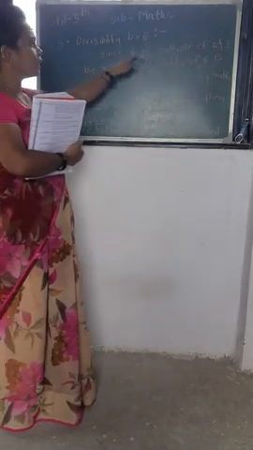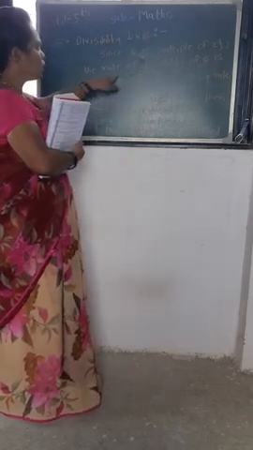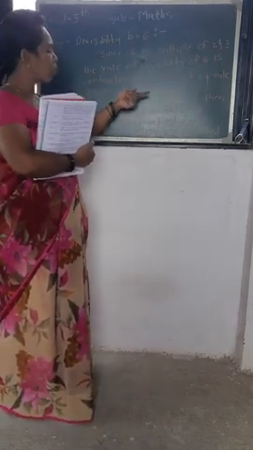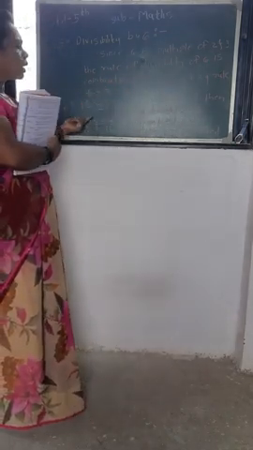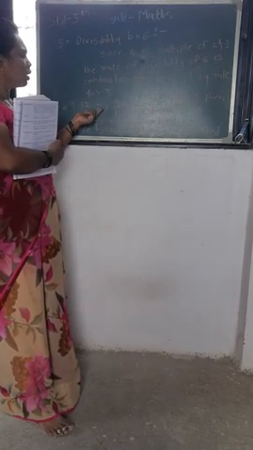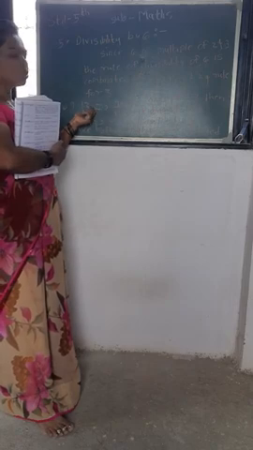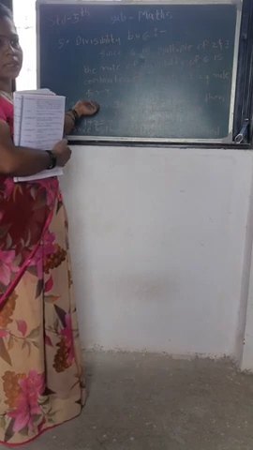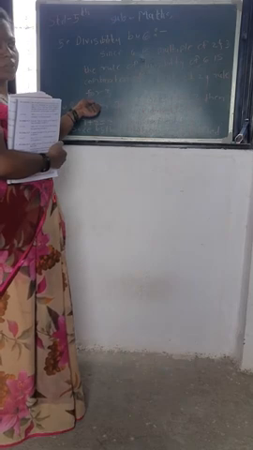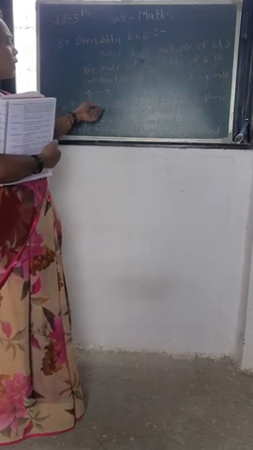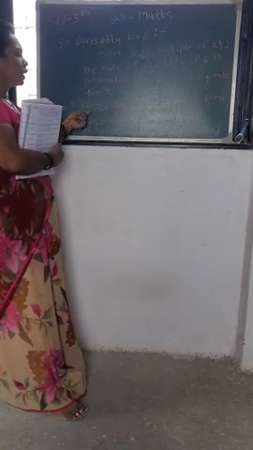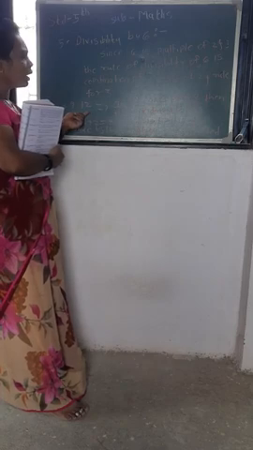The rule says that since 6 is a multiple of 2 and 3, the rule of divisibility by 6 is a combination of the rule of 2 and the rule for 3. We have given one example for divisibility by 6: 12. In 12, the ones place digit is 2. If the ones place digit is 0, 2, 4, 6, or 8, then divisibility by 2 is satisfied, so the given number is divisible by 2.